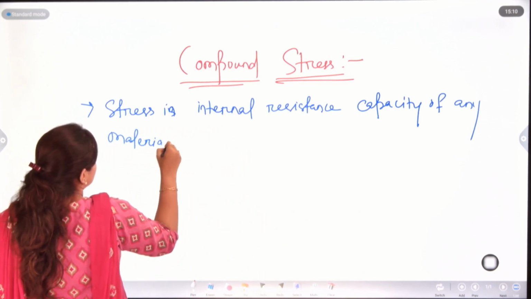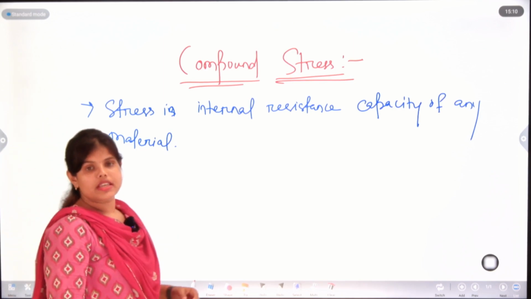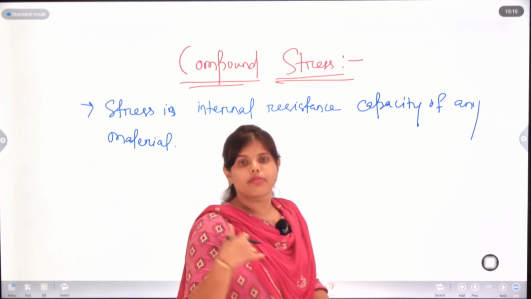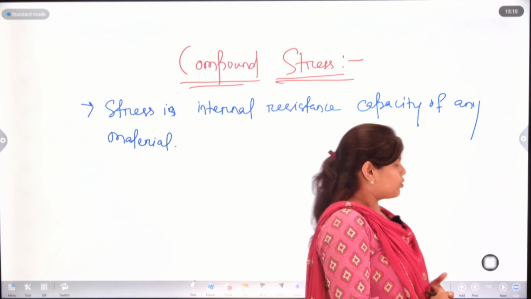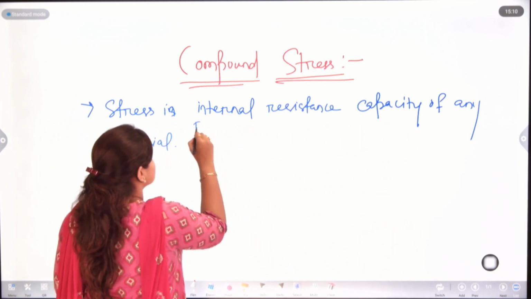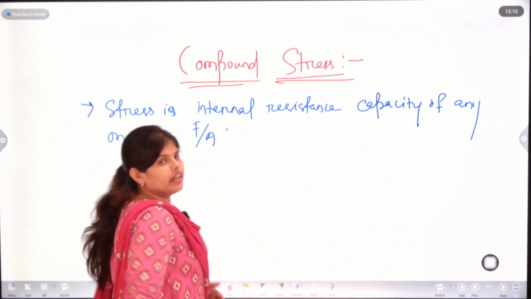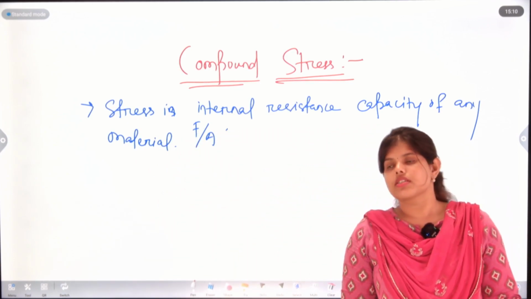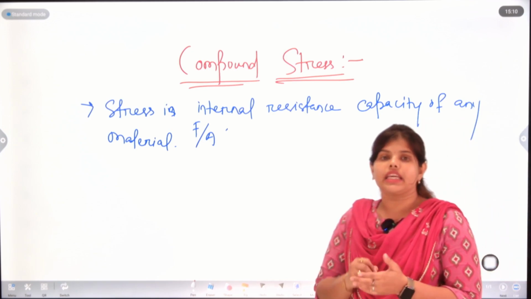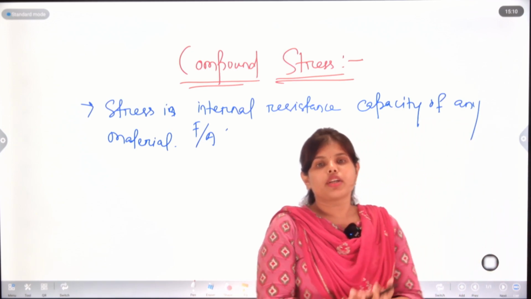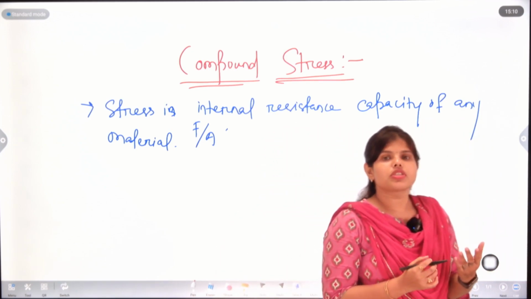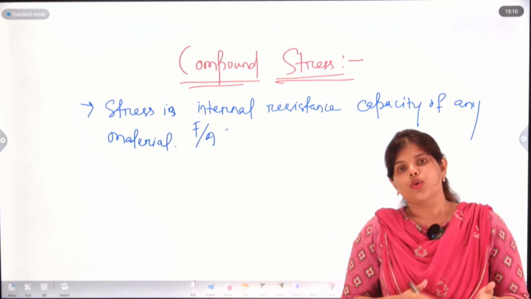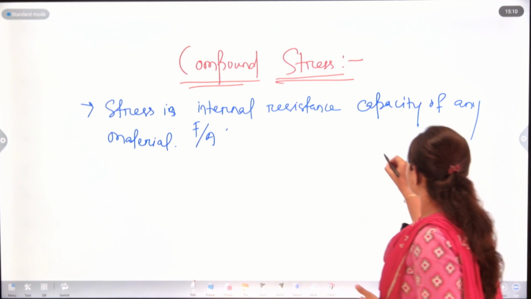So, the internal resistance capacity of a body is termed as stress. Also, we can say stress is force upon area. So, what is compound stress? Compound stress is when in a body there are both normal stress and shear stress present, we will term that as compound stress.